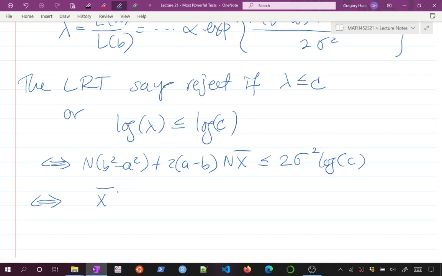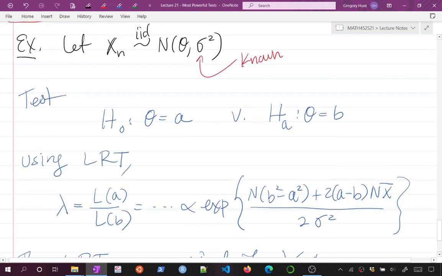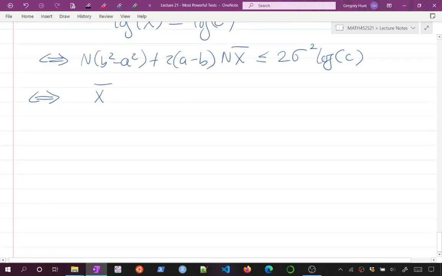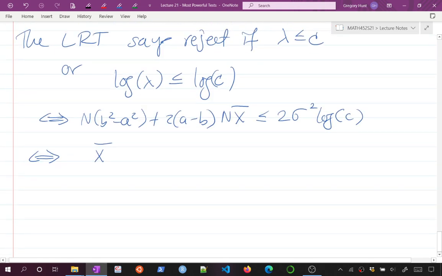is going to be, so I have to be a little bit careful here, because if I divide by a minus b, it's going to matter if a is bigger than b. Let's say b is bigger than a, right? If b is bigger than a, this thing's negative, so I have to flip my sign around when I divide through by that.